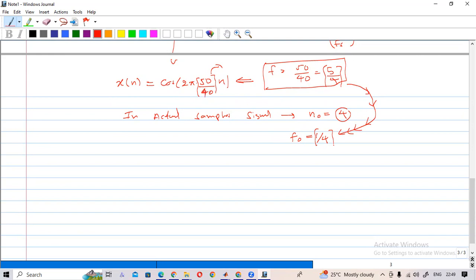If you sample this by 40, you expect this normalized frequency, but the actual sampled signal doesn't give 5 by 4; you get this normalized frequency. So it is changed. With this normalized frequency, xn is equal to cos 2π 1 over 4 n. This is the discrete signal we actually get.